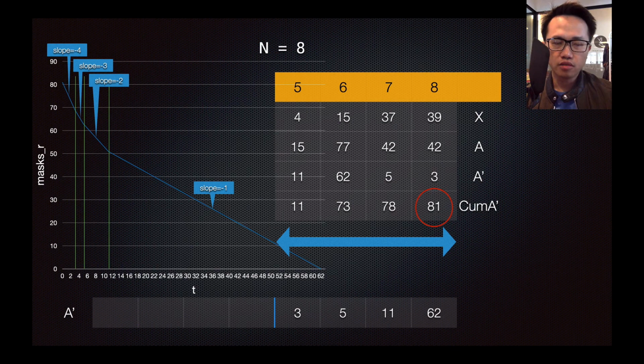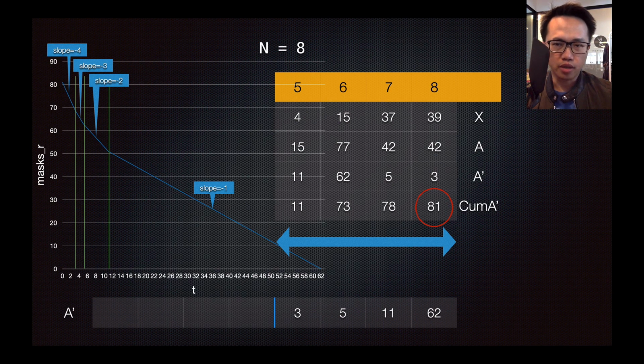So can you see that? You can see the pattern here, right? You don't have to calculate masks R from scratch every time. You can build on the previous masks R and just reduce it by the current prevailing slope times the number of seconds elapsed since the last time you dealt with the masks R update.